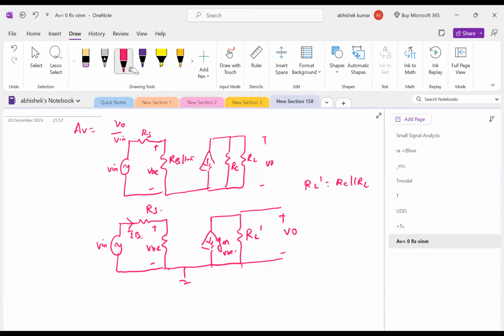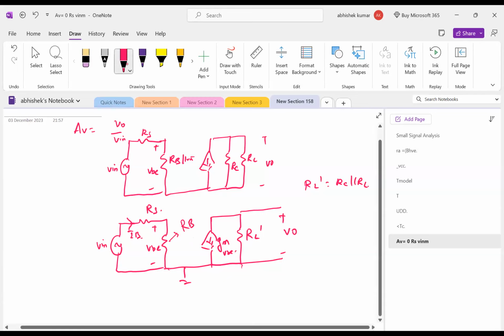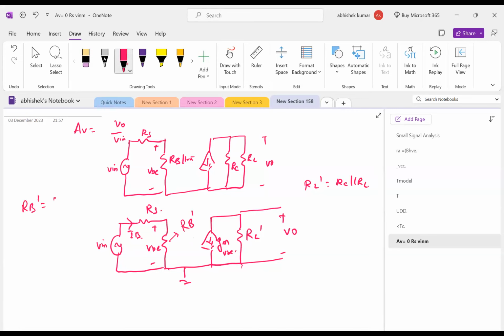I can call it RB dash. RB dash equal to R pi parallel RB. Done, sir.